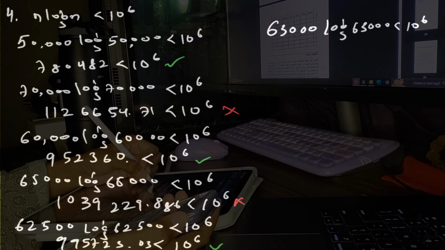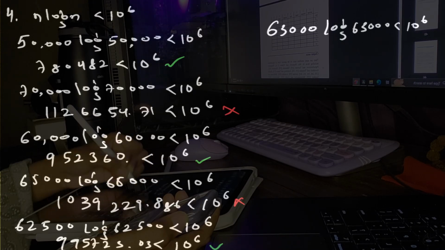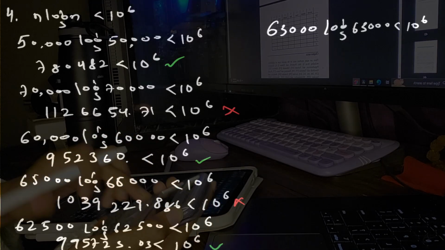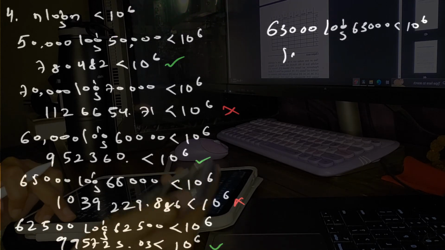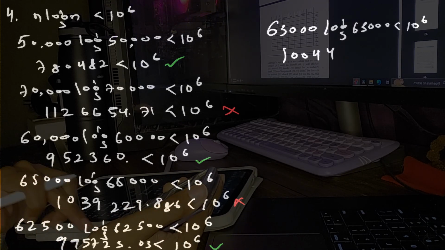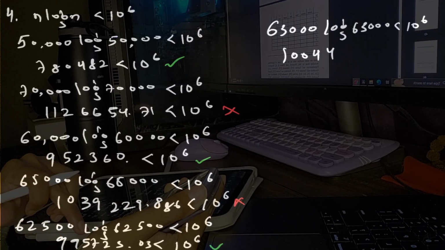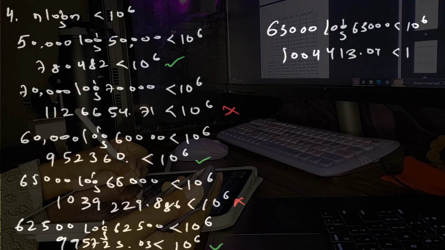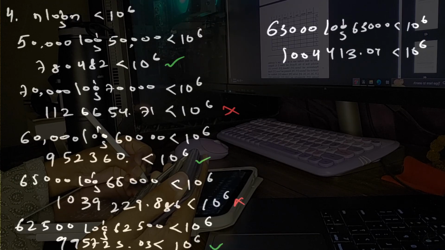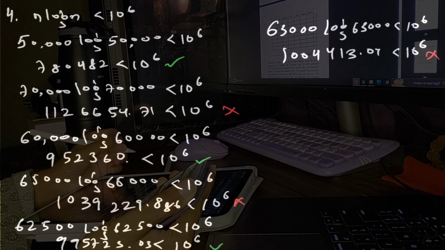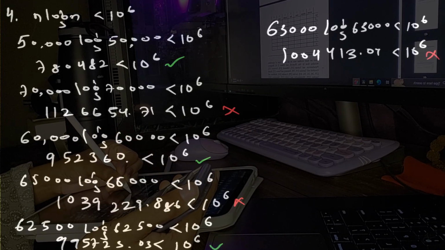Log of 63,000 divided by log of 2, multiplied by 63,000, is 1,004,413. Is it less than this? Oh my god, such a minor gap. No, it's not. So we have a value between 62.5 and 63.